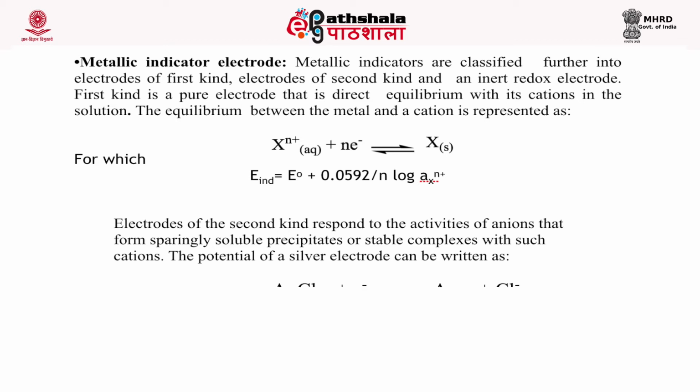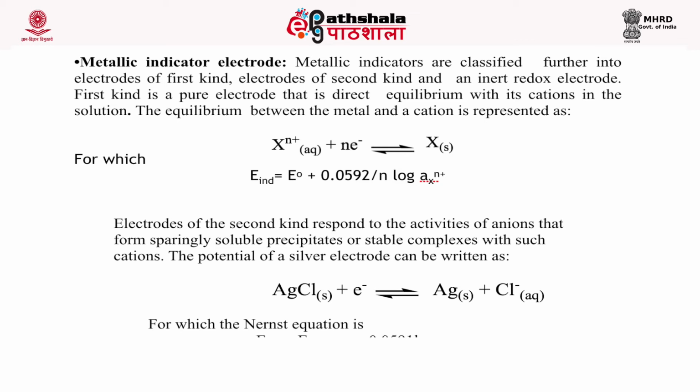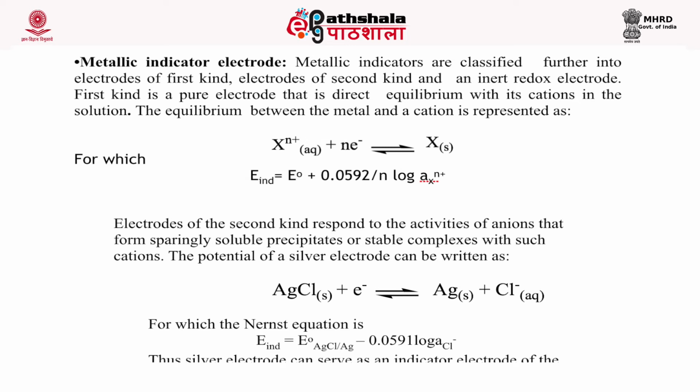Electrodes of the second kind respond to the activity of ions that form sparingly soluble precipitates or stable complexes with such cations. The potential of a silver electrode can be written as silver chloride solid plus electron forms silver solid plus chloride aqueous, for which the Nernst equation is E indicator is equal to E naught of silver chloride/silver minus 0.0591 log activity of chloride.